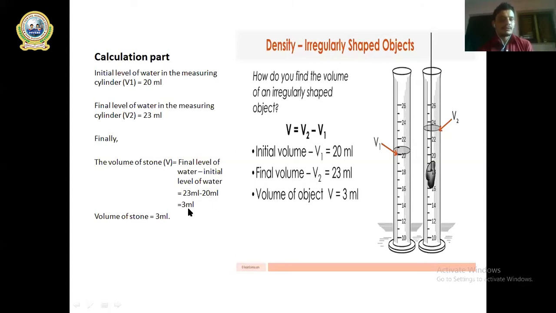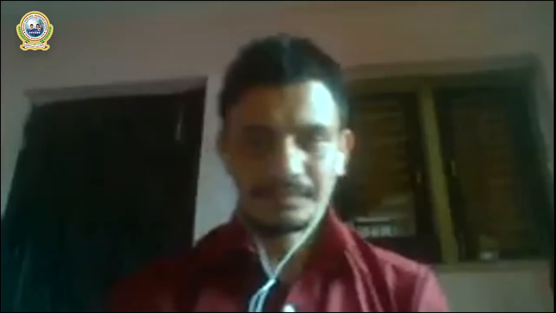Therefore the volume of the stone is 3 ml. So, the final level of water after putting the stone minus the initial level of water before putting the stone gives you the volume of the stone, or the volume of an irregular body. So students, are you clear about that?